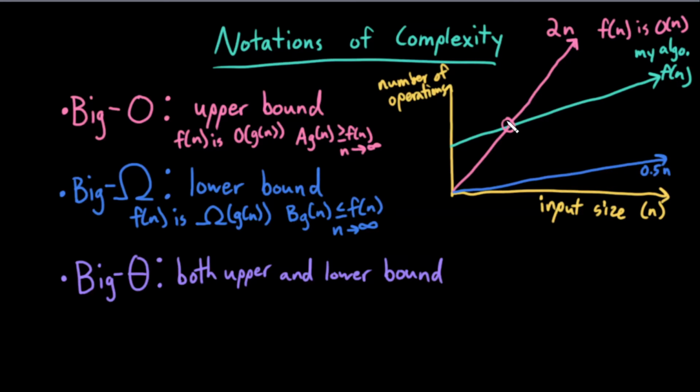So unlike the previous example where g of n was actually lower than f of n for a little bit of time, in this example, g of n equals 0.5n is always lower than f of n. So because as n approaches infinity, this constant times g of n is lower than f of n, I would say f of n is big omega of n.